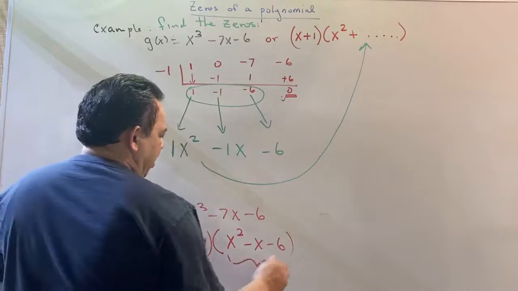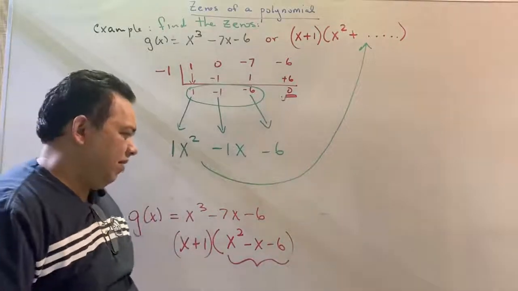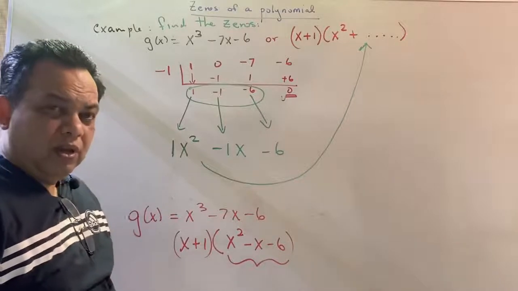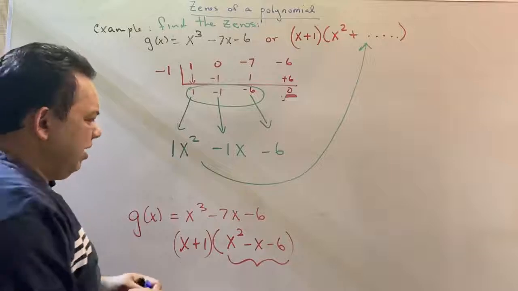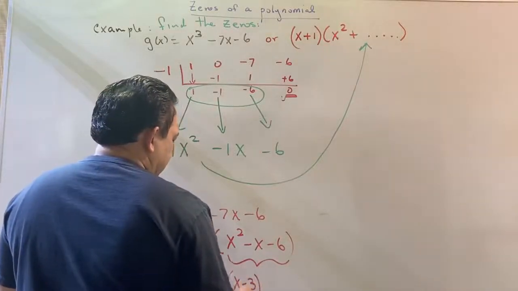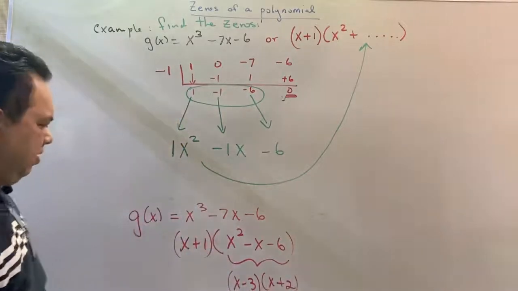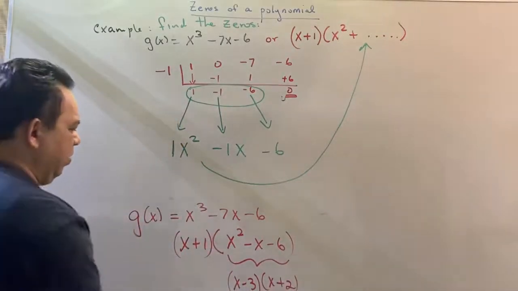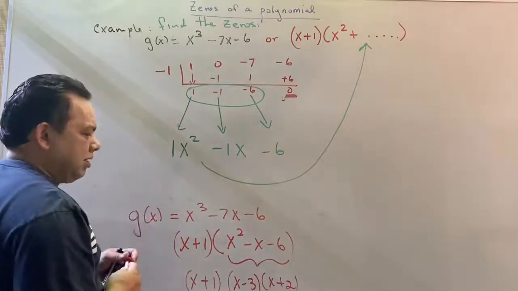And now clearly this is a quadratic. We could either factor this, or we could find the zeros by the quadratic formula. Well, I think this can be factored. So x minus 3 times x plus 2, and here we have x plus 1. So what are the zeros?